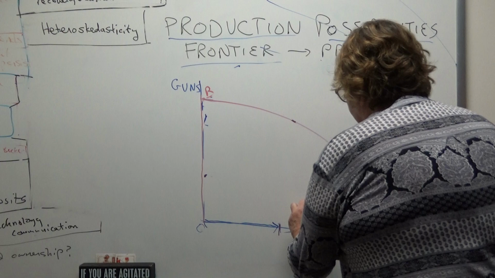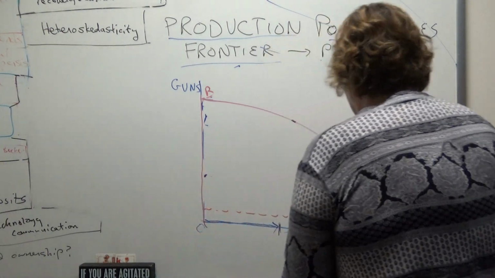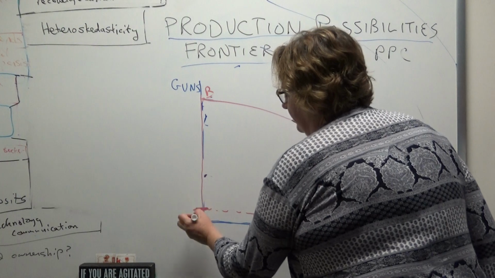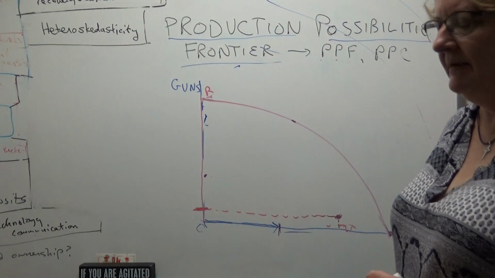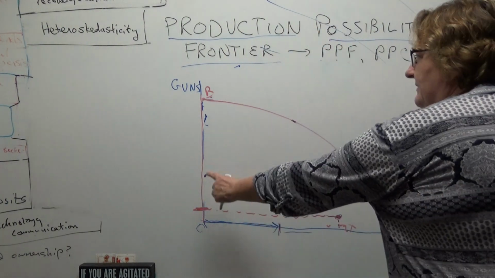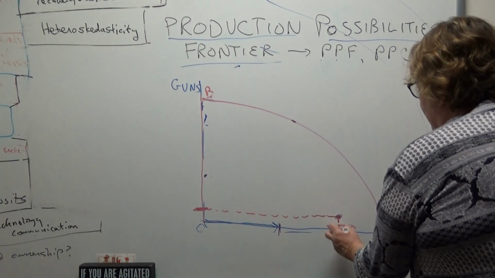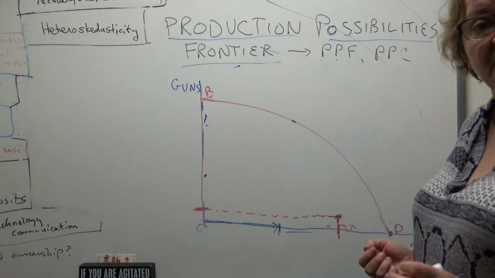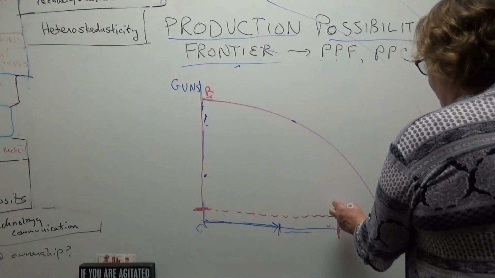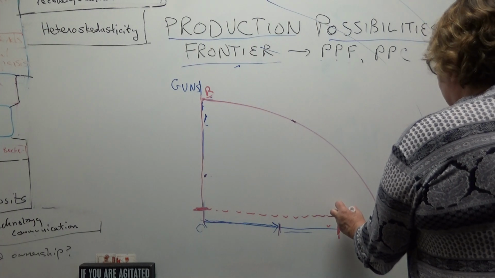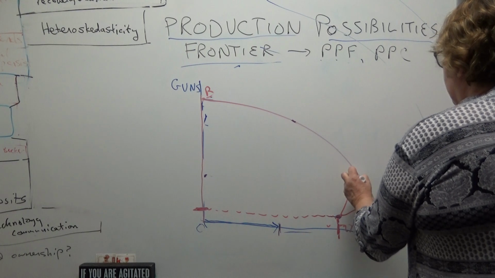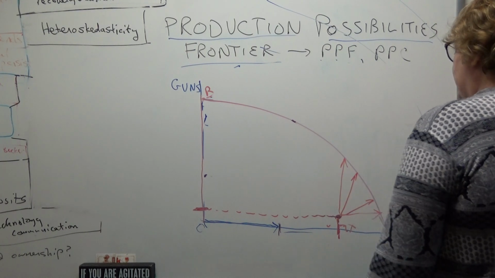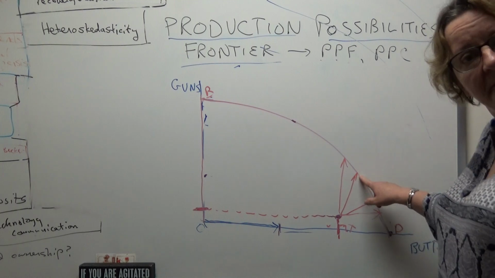Okay? So, we were doing something like this. Not a lot of military stuff. We had a very small military. And so, not a lot of guns, plenty of butter. But we were definitely not at a point where we had to make choices yet, because we could go any direction and produce more of both if we wanted, until we get here.